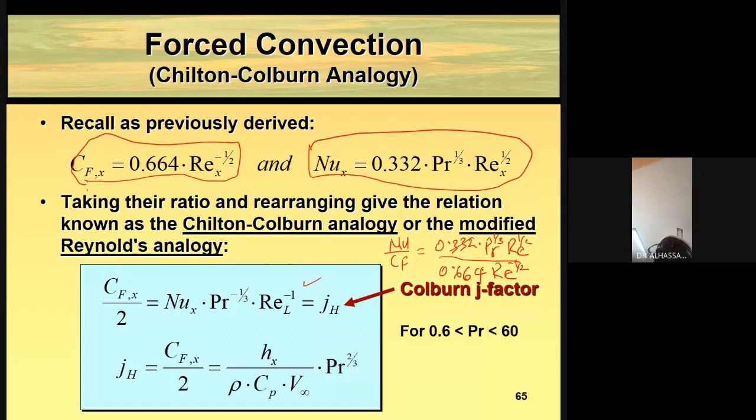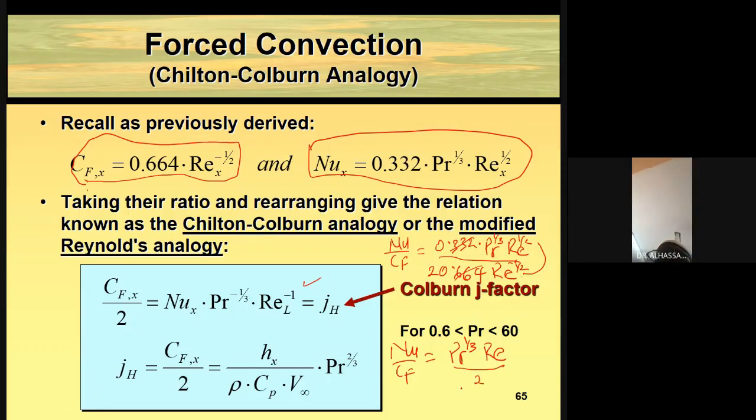So this goes into this and becomes 2. And then we have Re over here, Re over here. So this goes up. Then eventually we will have Nu divided by CF equals Pr^(1/3) times Re. This is negative half; if it goes up, it becomes positive. So negative half plus half is 1. So it leaves like this, all divided by 2.